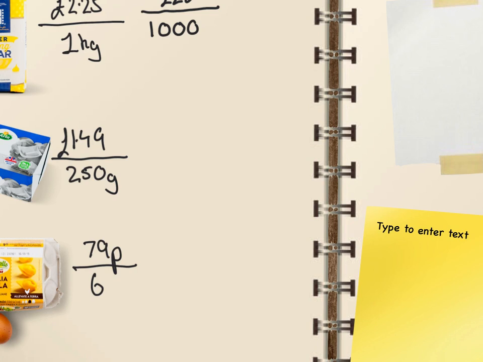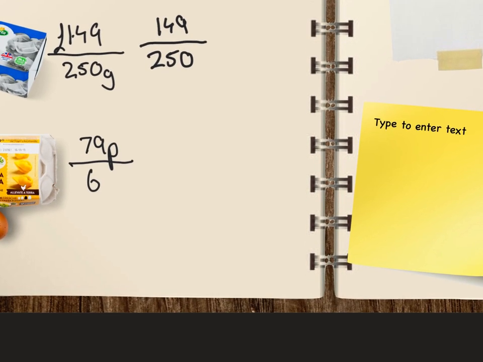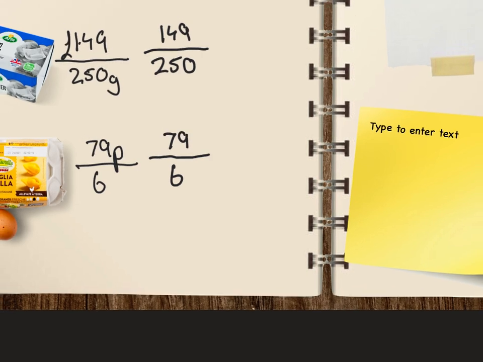Your £1.49 becomes 149 pennies. Your 250 grams is already in grams, so that remains 250. Your eggs are 79 pence, so they remain in pennies, but your eggs are whole, so we can't change them and we leave them just as they are.